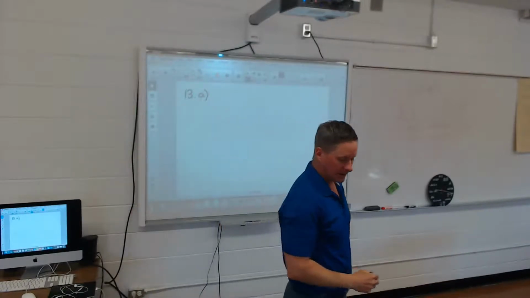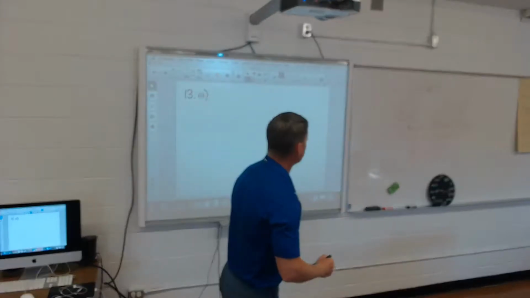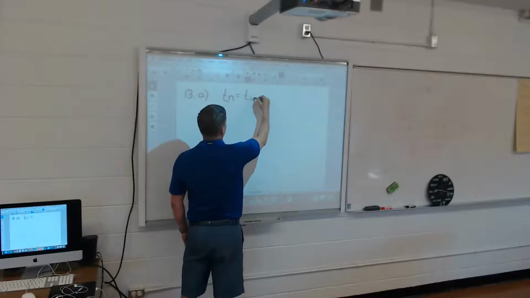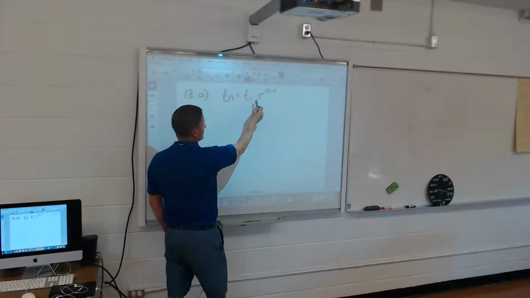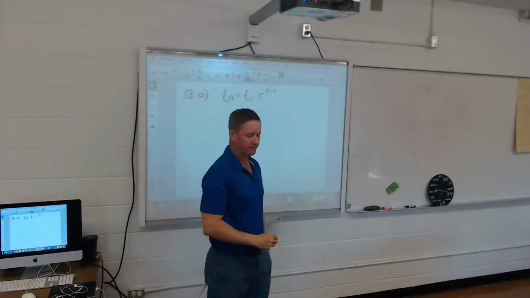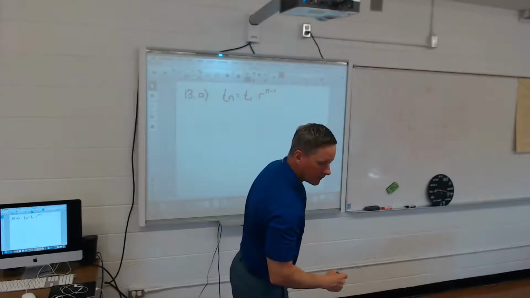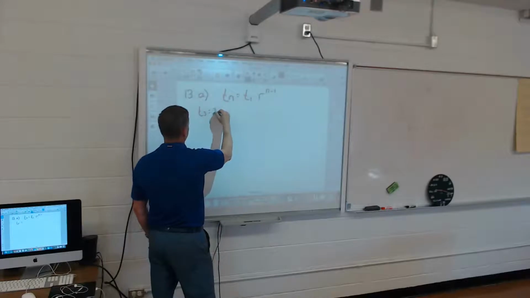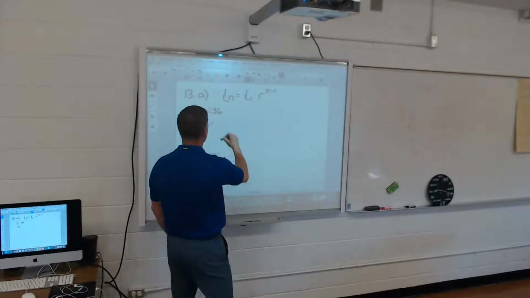The question says, given two terms of each geometric sequence, find the general term for the sequence. So the general term of the sequence, t to the n equals t to the 1 times r to the n minus 1. So I need a value for t to the 1 and for r. We don't know t to the 1, but we know t to the 3 is 36 and t to the 4 is 108.